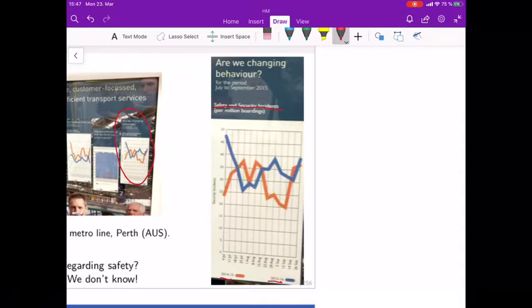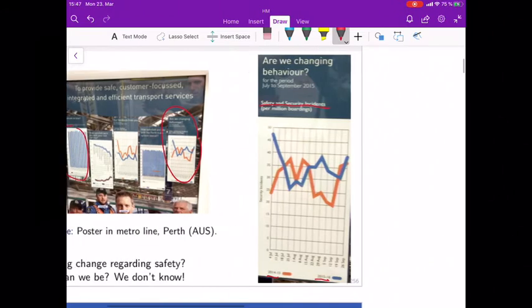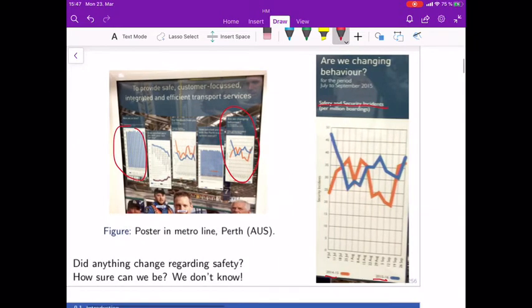And then my question would be, are they? Is the metro line becoming safer or not? Or is it getting worse? What does it show us? I found it quite funny, so that's why I'm showing it to you, because they've given us the raw data more or less, but they've missed the interpretation of it. It's up to you, it could mean anything.